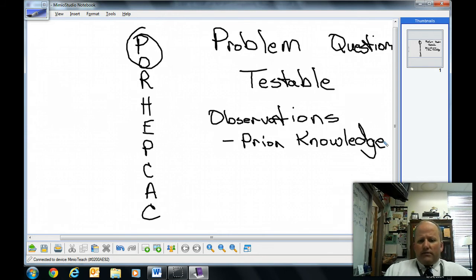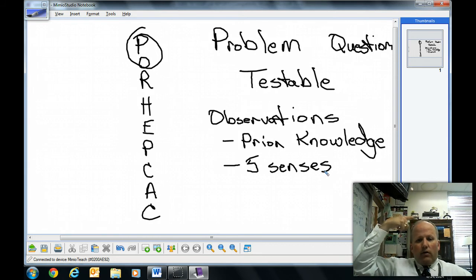The other part of observation is, well, you got the prior knowledge somehow. You already knew it, and you knew it probably because you saw it, you heard it. Now we're talking about the five senses. And whenever I want to try to remember all five senses, I usually start pointing at the top of my head and I work down and I remember all five senses.